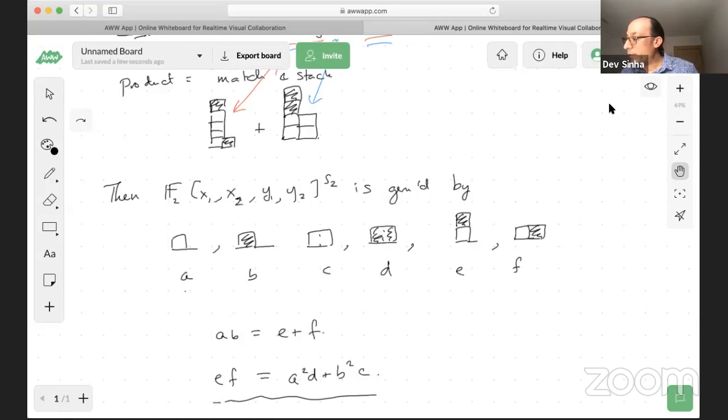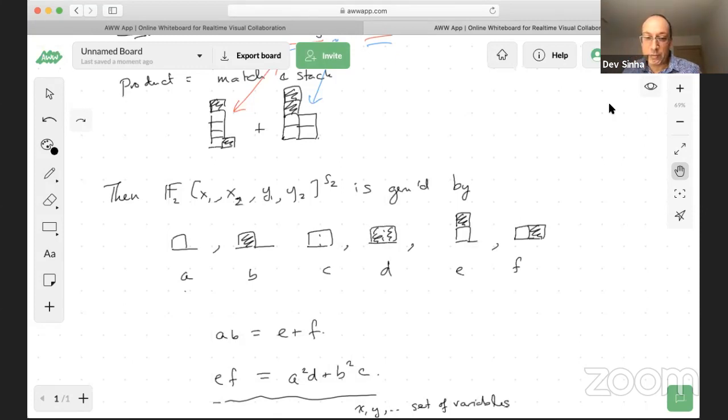And the point is that if I fix any number of variables, let's do x1, xn, y1, yn, etc. Fix some set of variables, x, y, sets of variables.